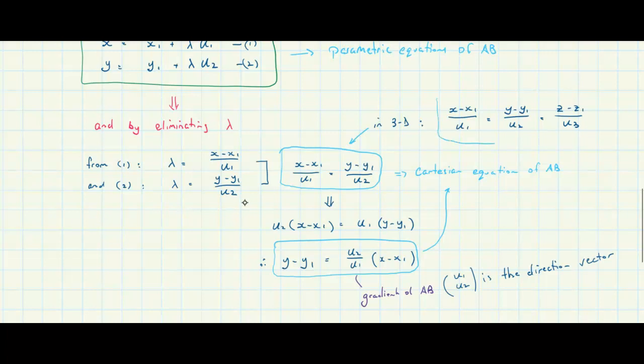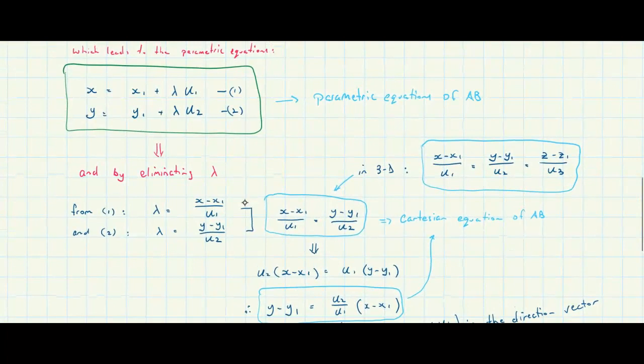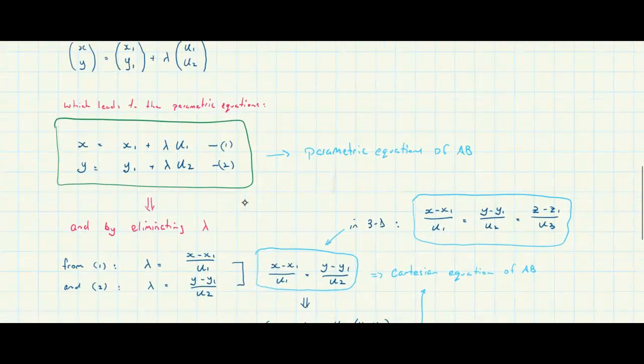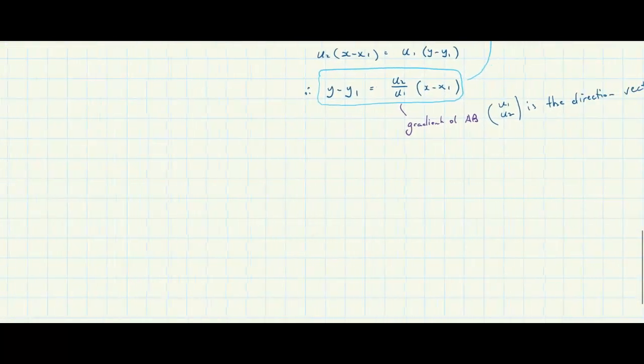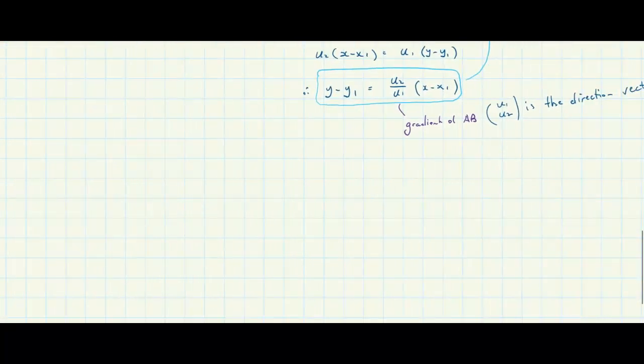That's going to be a really useful outcome. That's the Cartesian equation in 3D, and we'll come to an example of that. So let's have a look at a few examples now where we bring this stuff to life.